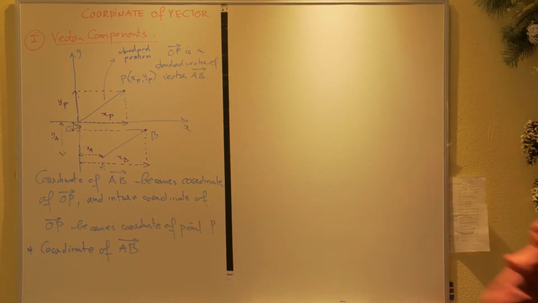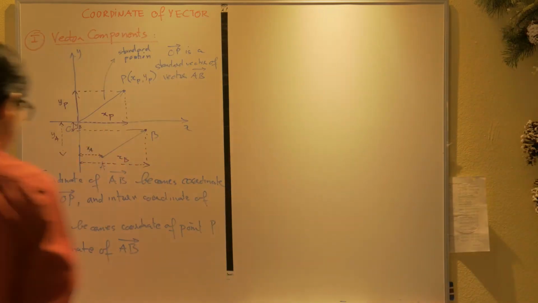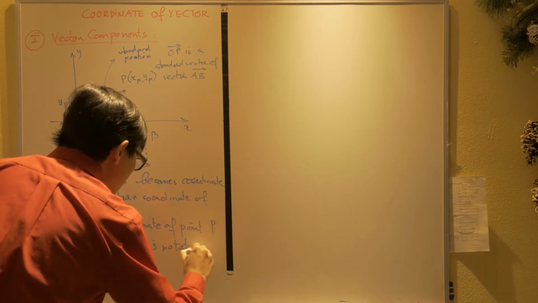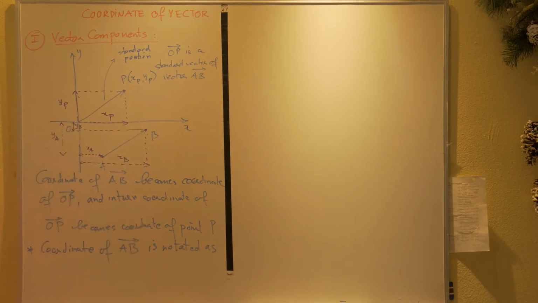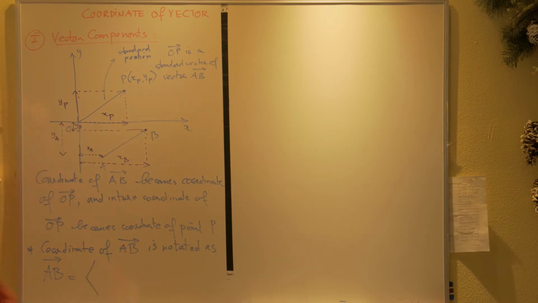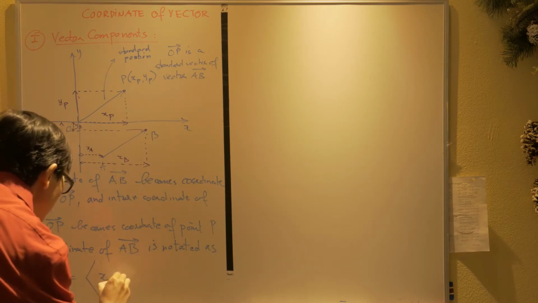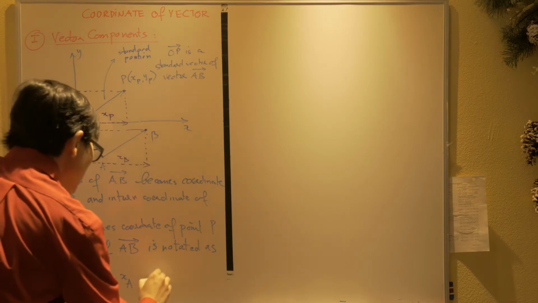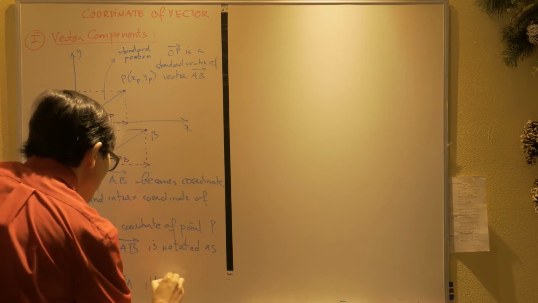Okay. So the coordinate of the AB vector is notated as AB equal to, instead of using parentheses for the coordinate of a point, we're going to use this kind of bracket: xb minus xa, comma, yb minus ya.